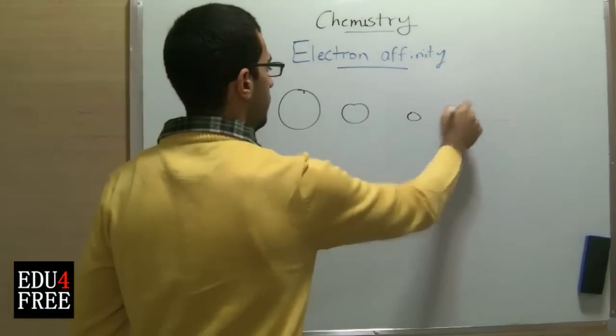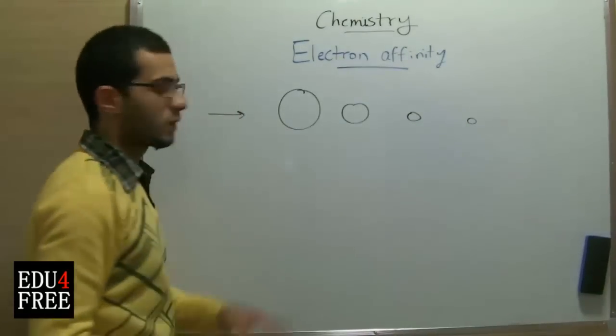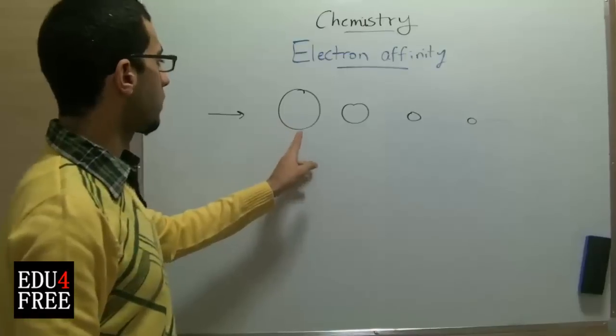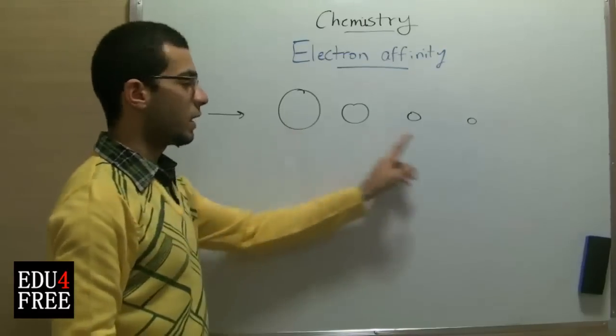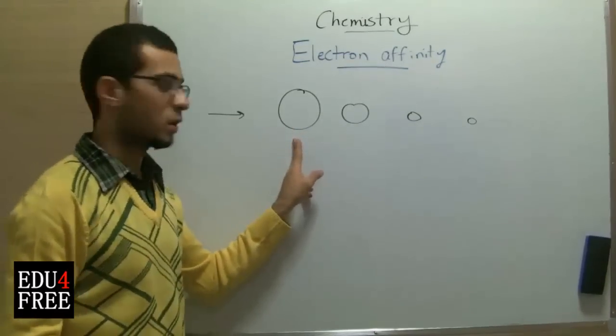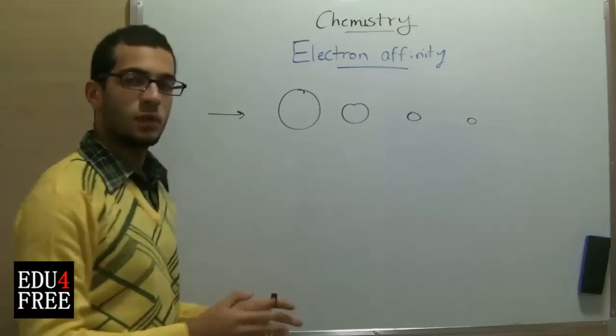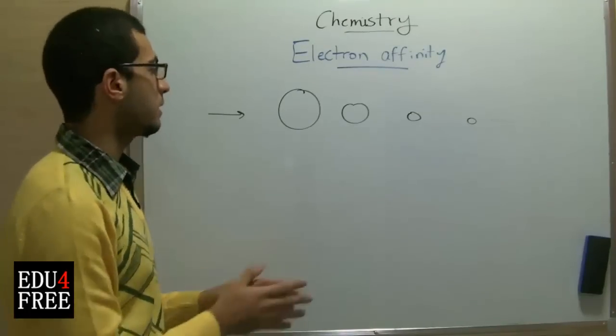Now in the periodic table, as we go from left to right, the atomic radius of atoms decreases due to the increase in the positive nuclear charge, and as electrons are negatively charged, there's an attraction force between the positive nuclear charge and the electrons.